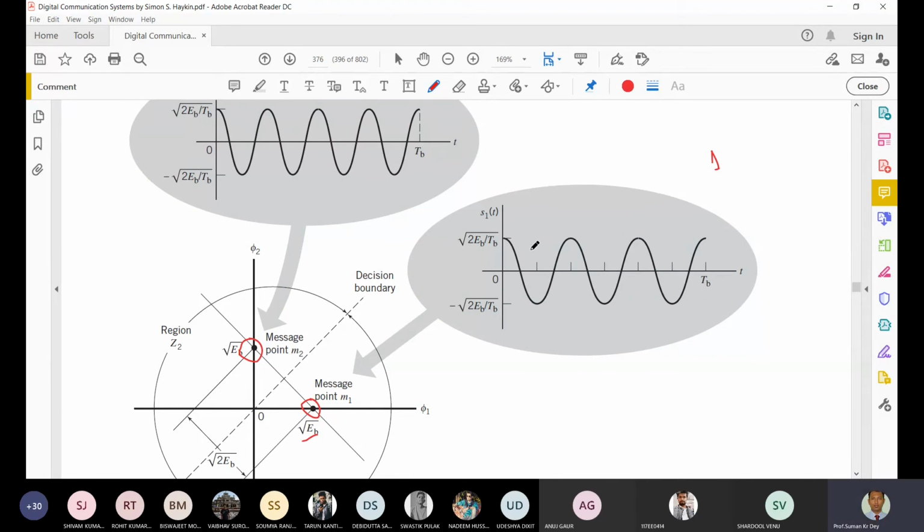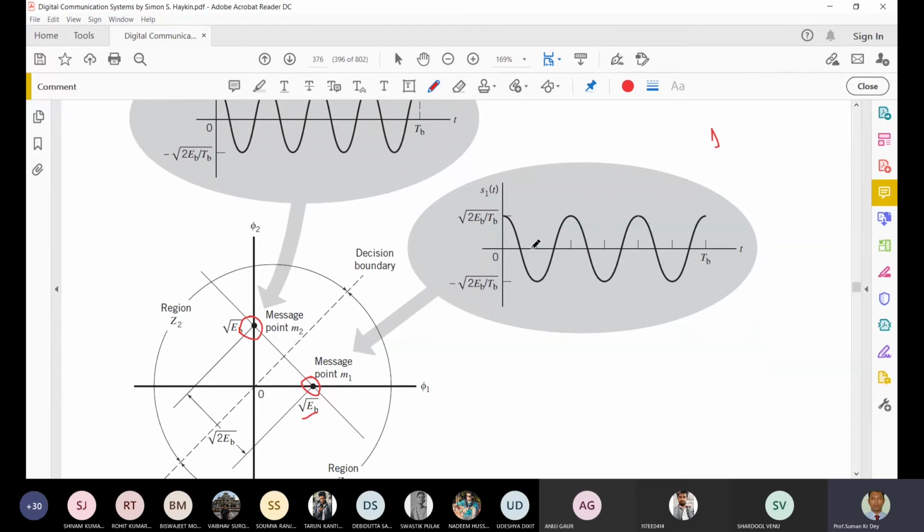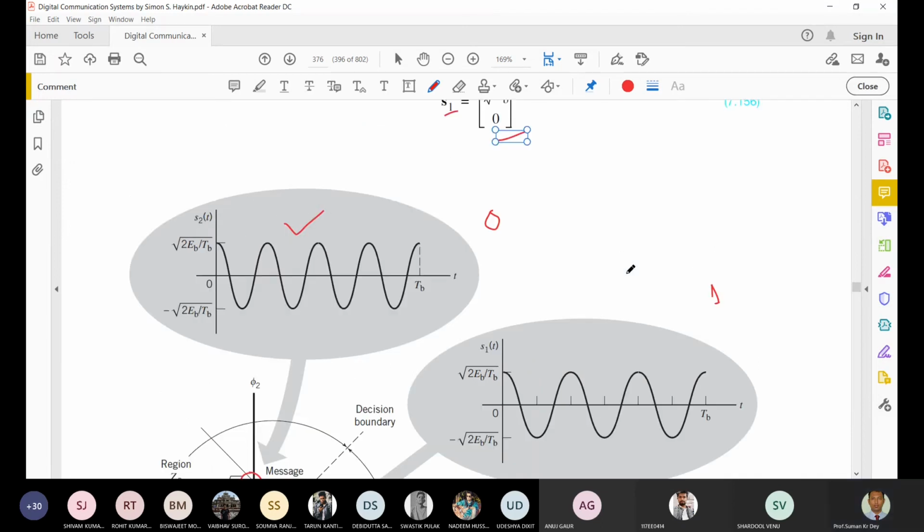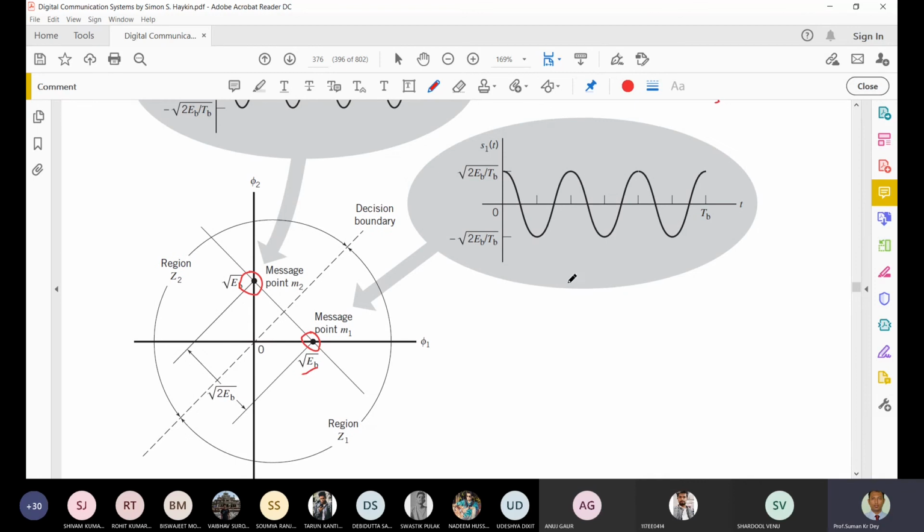If we look at these 2 signals, there is a difference of frequency. Say the bit duration is the same. In this case, the number of cycles is more. In this case, the frequency is less. Okay. So now how to draw the decision boundary.